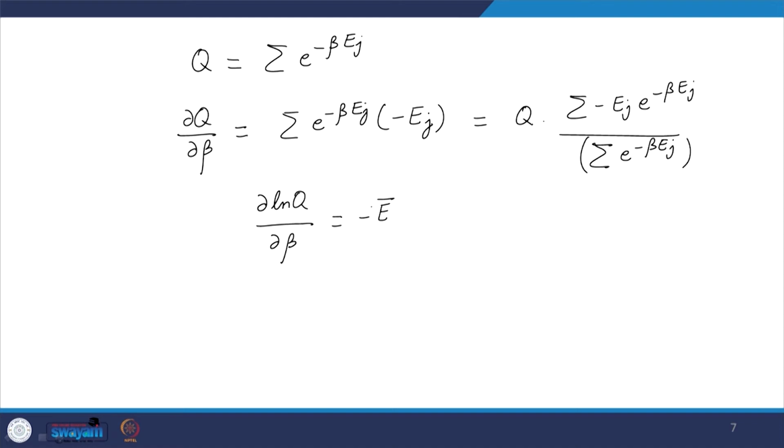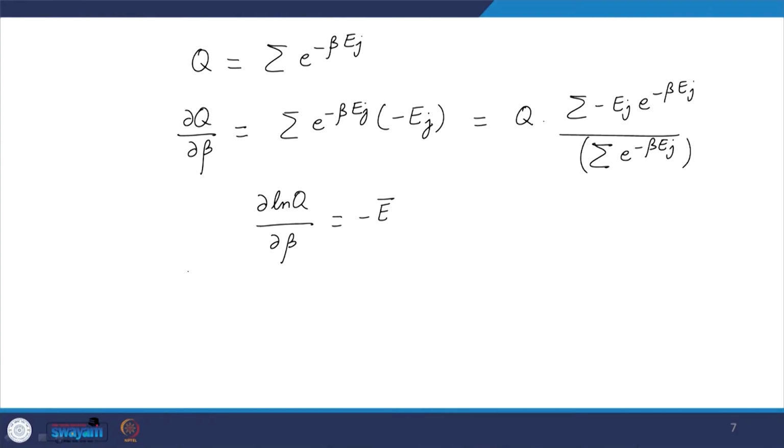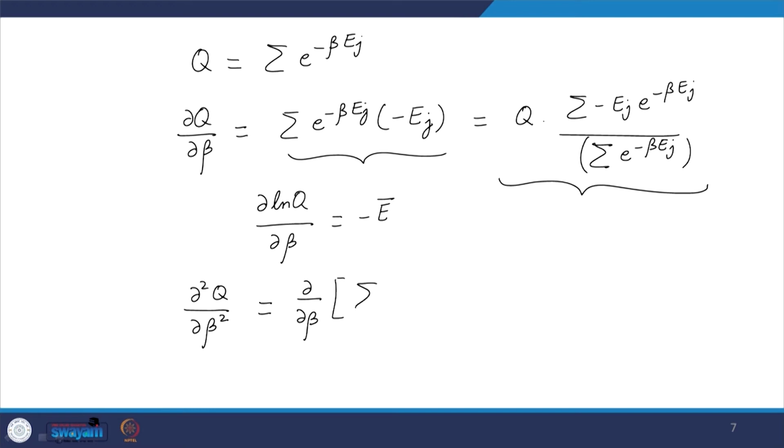Now, let us take a derivative of this quantity one more time and see what we get. So, if I find dou squared q by dou beta squared, that is taking a derivative of this expression, that is equal to dou by dou beta of the summation of e to the power minus beta E_j times minus E_j.